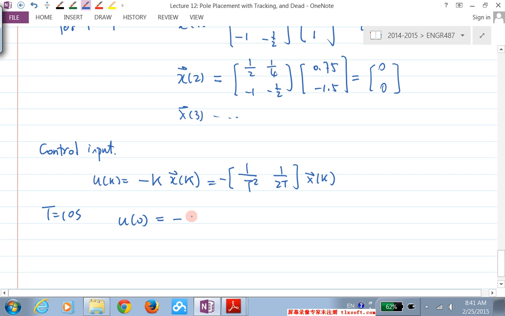Now t is 10 seconds, meaning this is negative, and then 1 over 100, 1 over 20, times 1, 1. So this quantity will equal to negative 0.16.